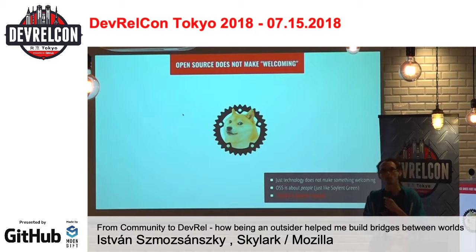Servo is a project of Firefox also. Parts of it are powering the new Firefox Quantum engine. It's basically a browser engine rebuilt from scratch in a new programming language called Rust. What's super interesting is that they have a very inclusive community based on the Rust programming language itself, which was born with inclusivity in mind.